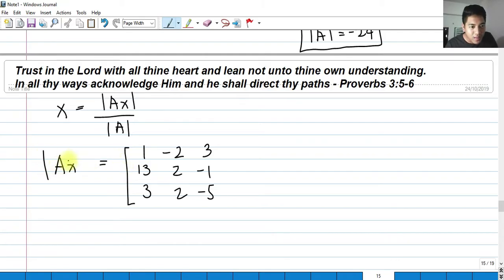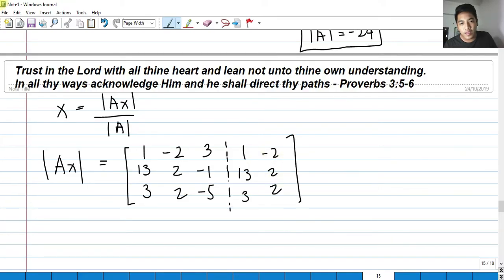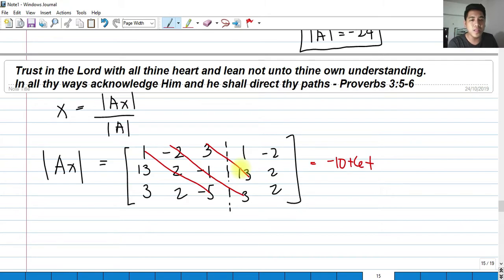And of course, we're going to get the determinant of this. Same procedure: we copy the first two columns, 1, 13, 3, and negative 2, 2, 2. So we have 1 times 2 times negative 5, that is negative 10, plus negative 2 times negative 1 is 2 times 3, that is plus 6, plus we have 3 times 13. 3 times 13 is 39 times 2, that is equivalent to 78, not 58, sorry.